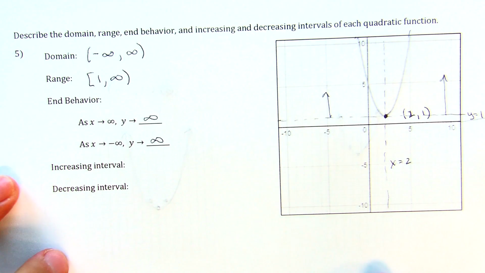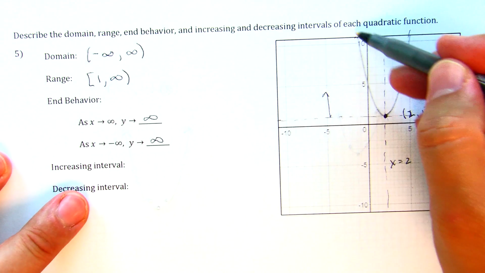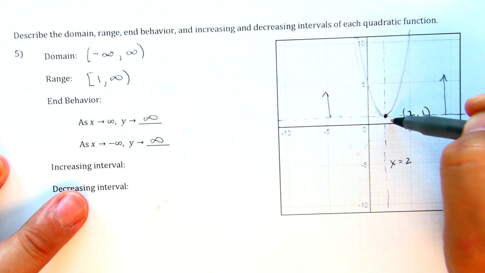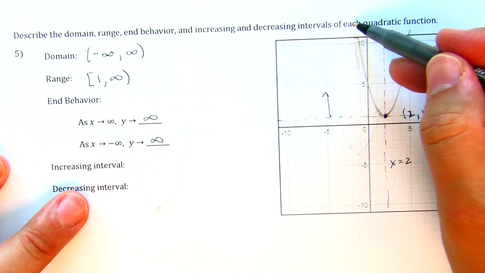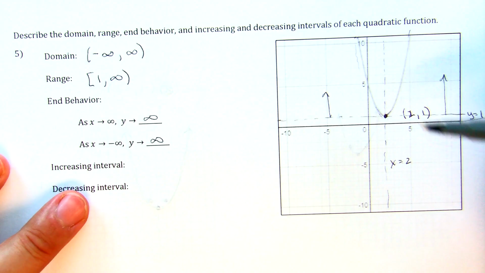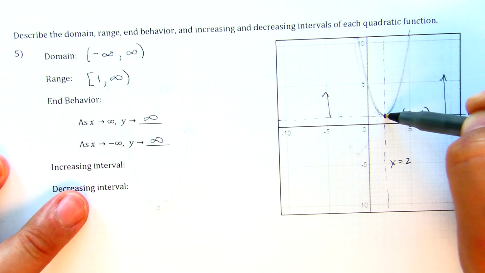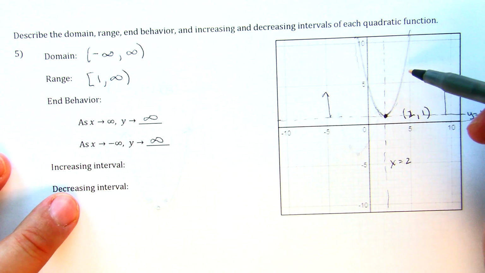Okay, anyway, increasing intervals. There's two parts to this graph. There's a part on the left-hand side where the graph is decreasing. It's going down, down, down. And then over here it's going up, up, up. If you imagine you're on a ride, always going from left to right, you're going down, down, down, right up to here, and then you start going up, up, up. So the up part is your increasing interval.